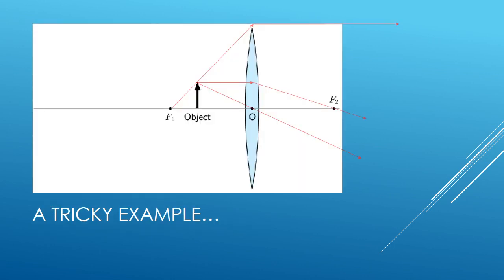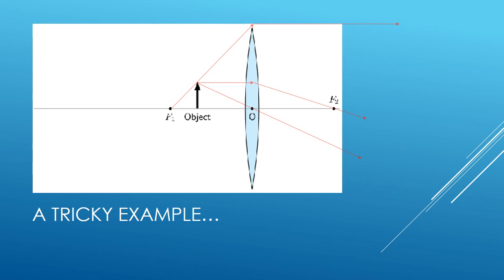That being said, there are two very special cases that I do want to talk about for thin convex lenses. Most of your images will form, those rays will converge to a single point, and you'll have a beautiful image just like we saw in that first example. This is an example, however, where we draw our three rays, but you'll notice the object is in front of the focal point, and so our ray going from the focal point to the object to the lens is way, way off.